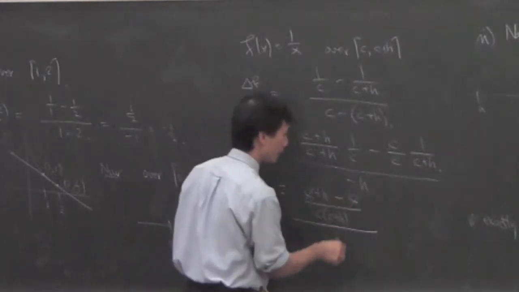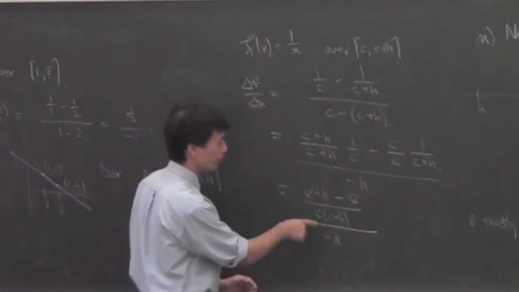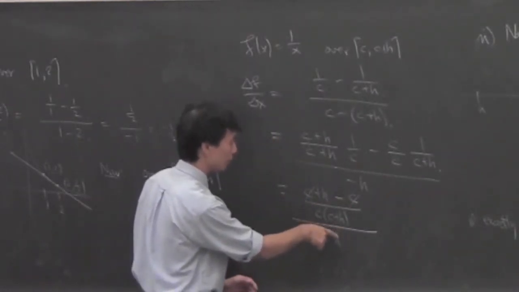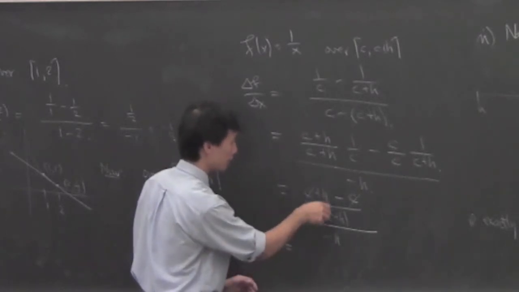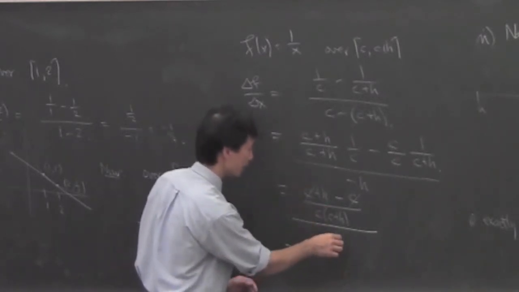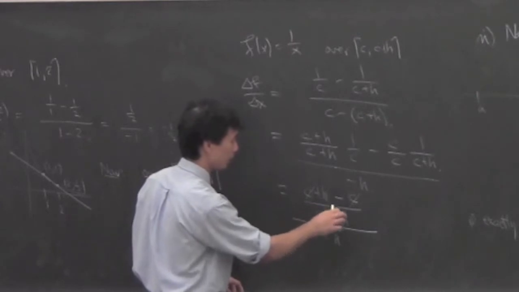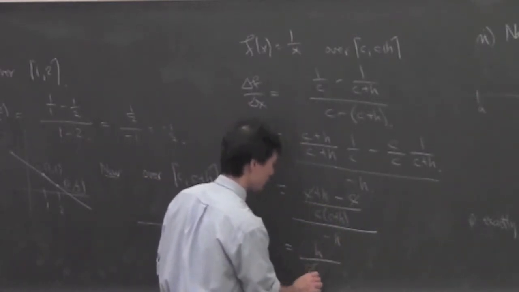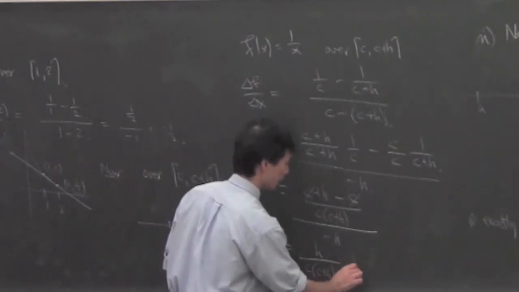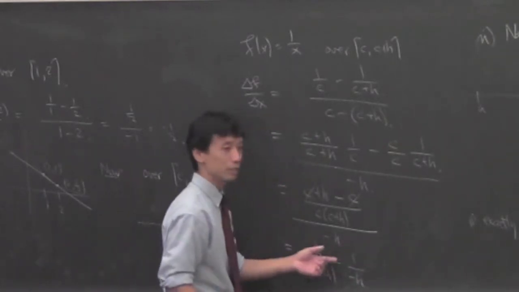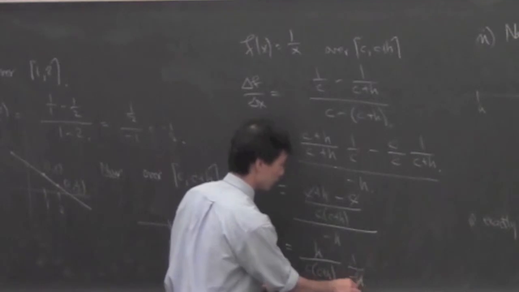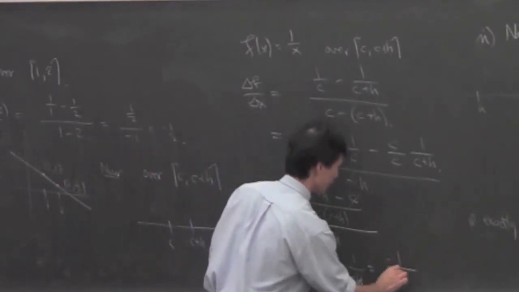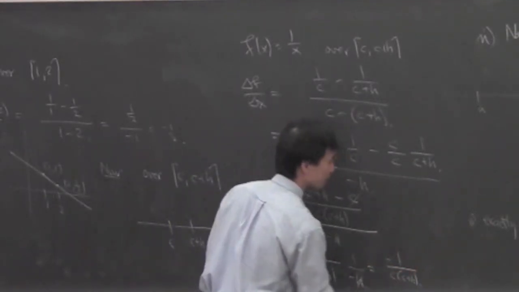You get h over this thing. Well, we can cancel out the h's, right? This is h over c plus h, and then we've got 1 over negative h, right? So the h's cancel off, and we get negative 1 over c plus h.